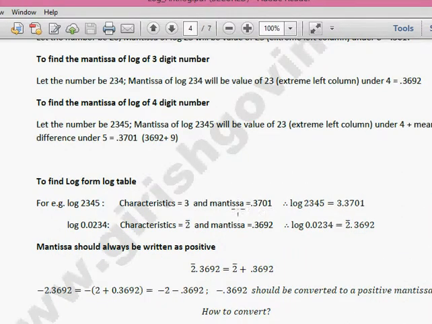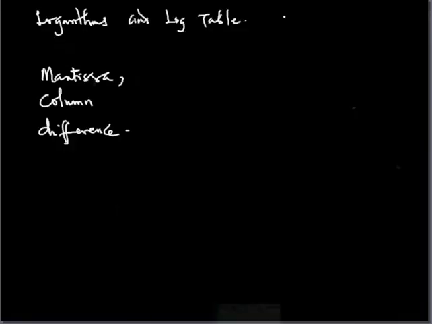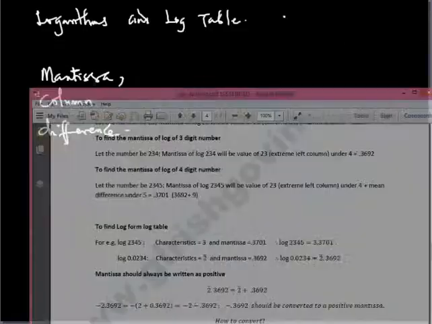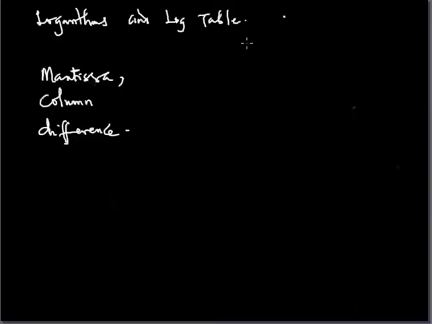Let's say we want to find this particular question: log 2, 3, 4, 5. Let's go to solve log 2, 3, 4, 5.